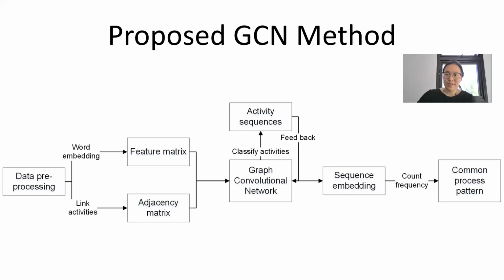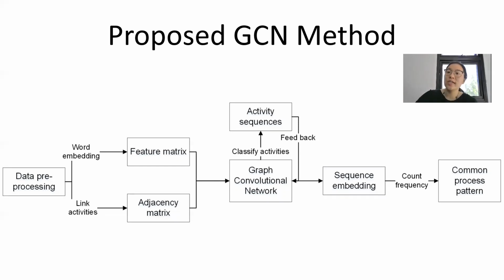So back to the matrices. We mentioned the feature matrix. In graph theory, the feature matrix is the representation of the features of each node. In this case, each node is a construction activity, and the feature matrix is the numerical representation of the construction activities, including their text descriptions and durations.